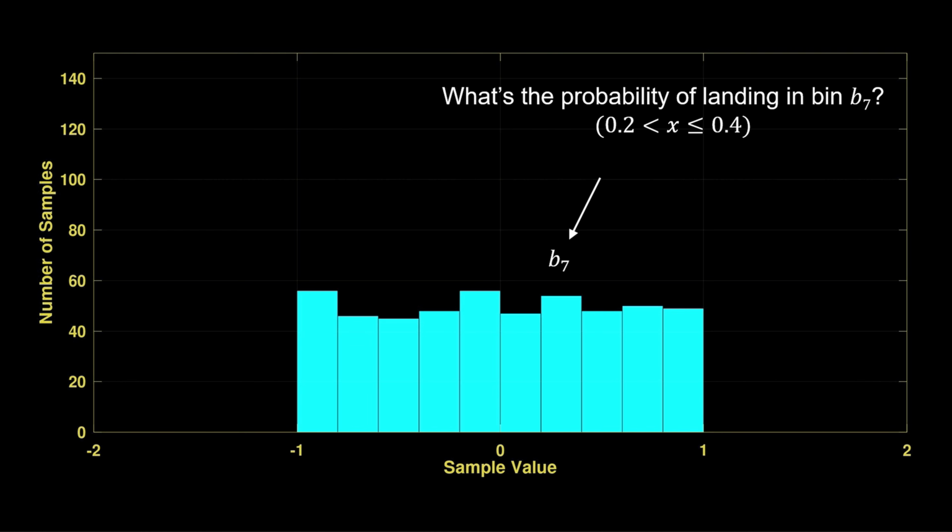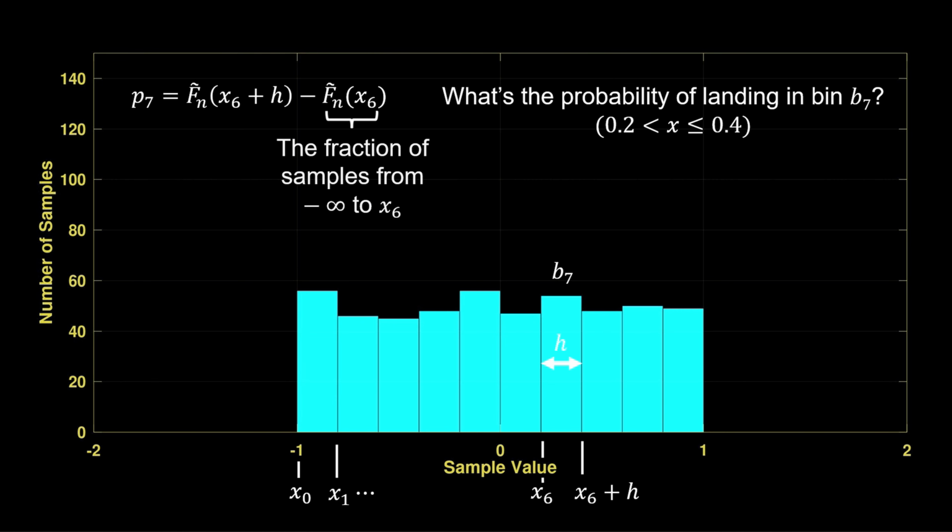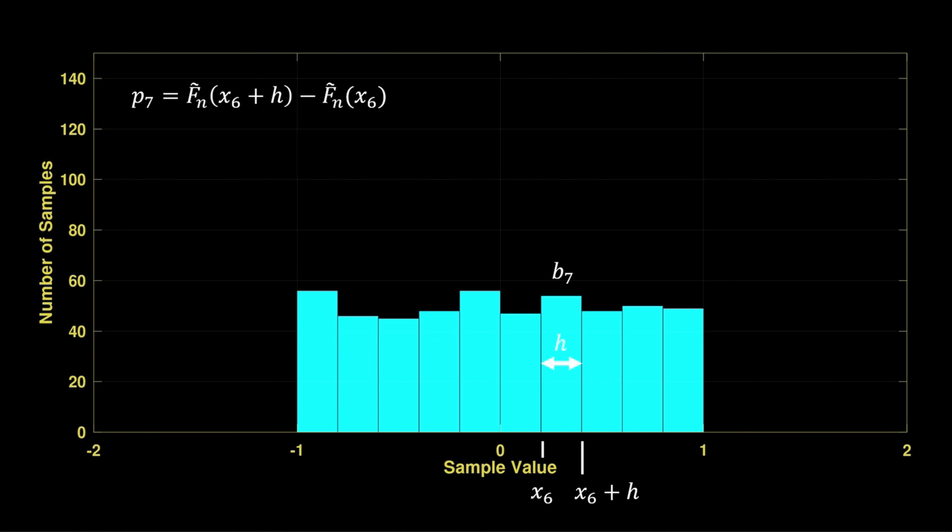It's simply the difference between the CDF at x6 plus h and the CDF at x6. The result is the total number of samples in B7 divided by the total number of samples drawn.